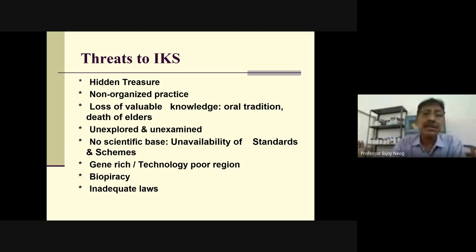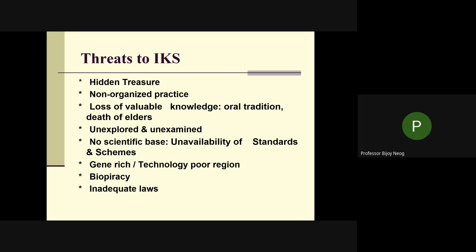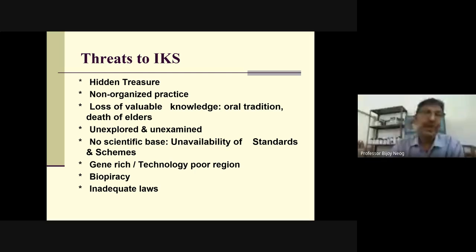So we are in a gene-rich area, but a technology-poor area, as you know. That is why a lot of things happen, because a lot of genes are moving toward the northern pole, where most of the developed countries are present, and there is continuous biopiracy from the southern to the northern areas, because they are technology rich and we are gene rich.